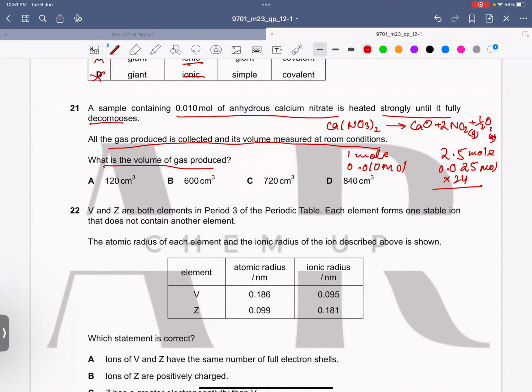I'm doing it with 24, and afterward just multiplying by 1,000 over here. So you will be getting 600 centimeter cube when you convert into centimeter cube. So A, C, and D go wrong, and B is your correct answer.